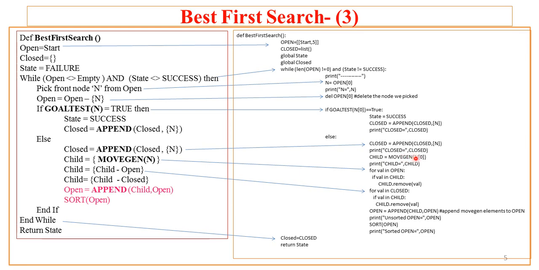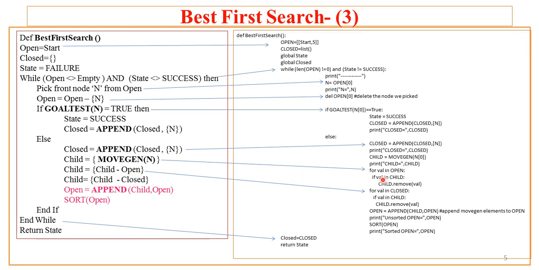Here moveGen of n0, that means the given node is passed as the argument to the moveGen. moveGen will extract the children of the node n and that is stored in the child variable. Now from the child, whatever is there in the open and whatever is there in the close, that is removed.